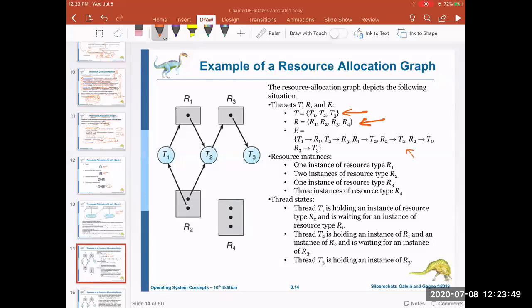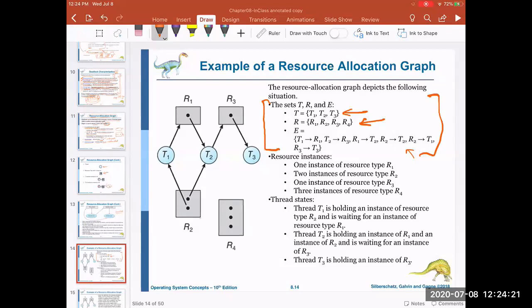We have a variety of edges: T1 to R1, T2 to R3, R1 to T2, R2 to T2, R2 to T1, and R3 to T3. In your question, this may be given to you, and then you have to identify whether it is going to create a deadlock condition or not. So you have to judge that.